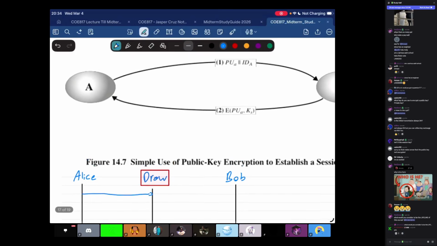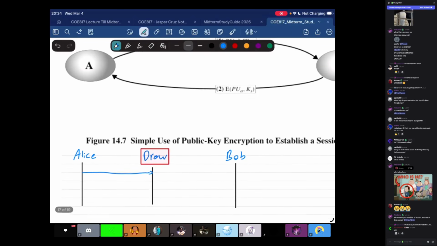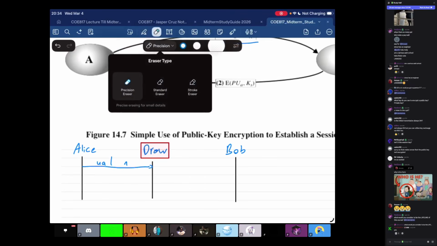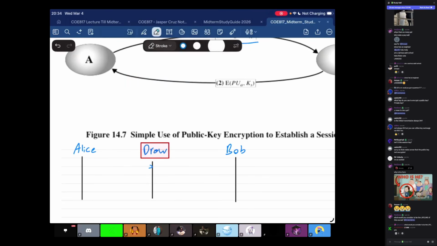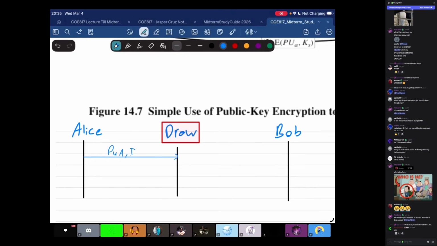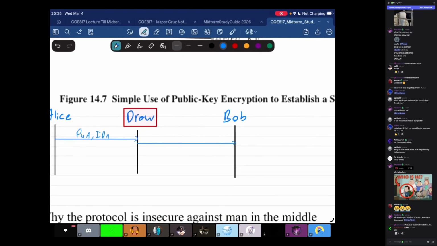But how a man in the middle can interfere here is quite interesting. The initial message is the same as what's here: PU of A and then ID of A. Then Drew will forward that message over to Bob, being like, I'm who you're communicating with, and it will send over its own public key.